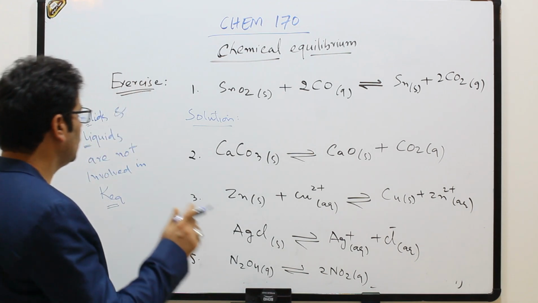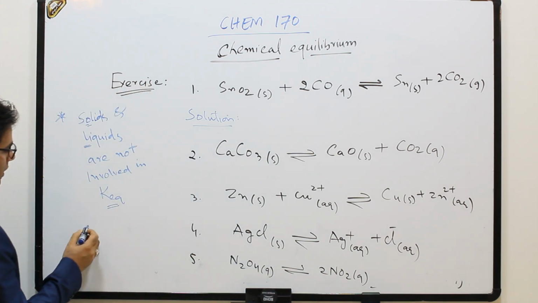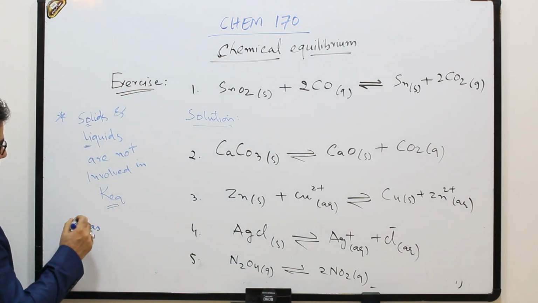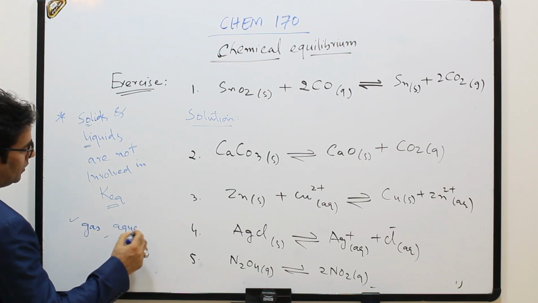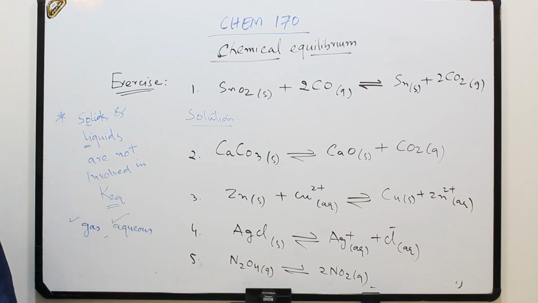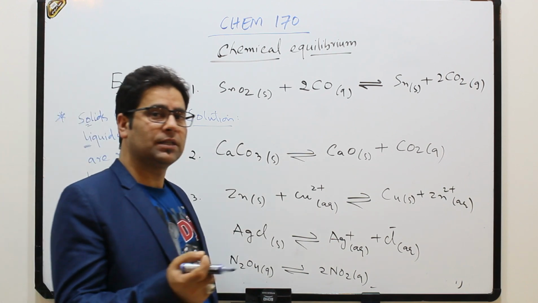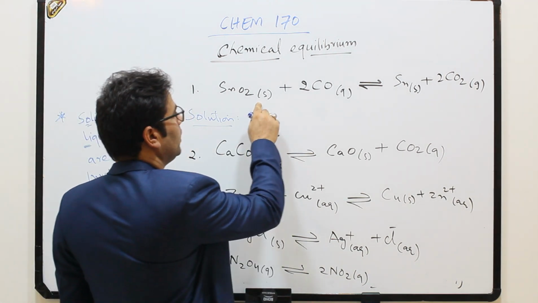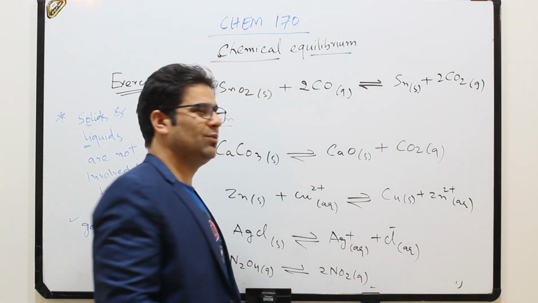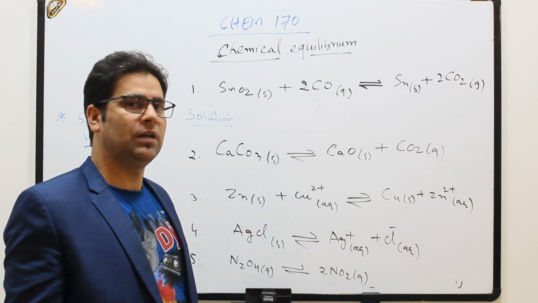Only gases are involved, that is, only gaseous and aqueous species. So now let us apply this concept here. If you see, this is solid, this is solid, so we don't have to care about them; they will not be involved in our equation.